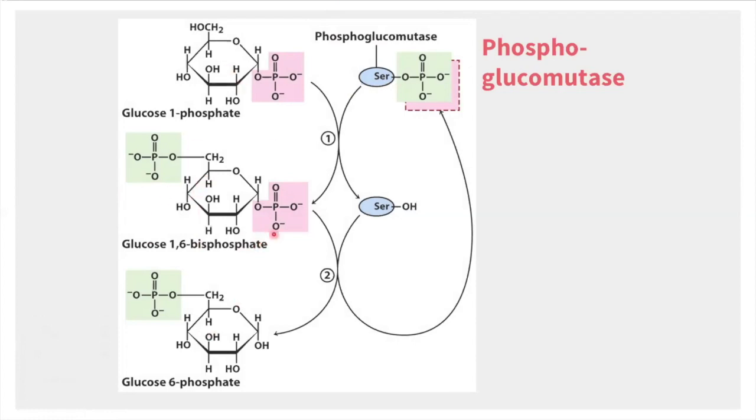And then by the end of the reaction, yung phosphate na originally nasa 1st position, yun naman yung lilipat dun sa serine. So again, you can see it's similar with the 3-phosphoglycerate mutase reaction. Now you have your glucose 6-phosphate. You can now enter your glycolytic pathway, the usual.